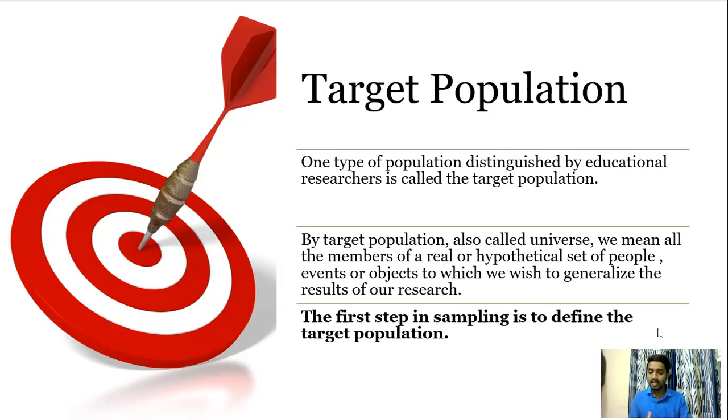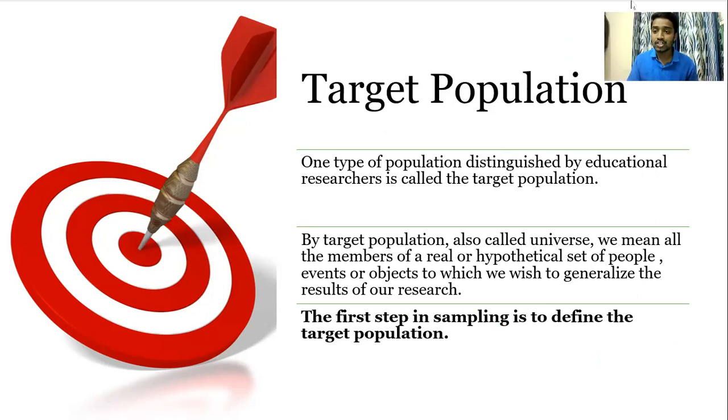By all this, we decide the target population. While deciding a target population, you should be considering two things: does your target population have relevant knowledge, and can your target population give you accurate results? Those are the two things you have to check.